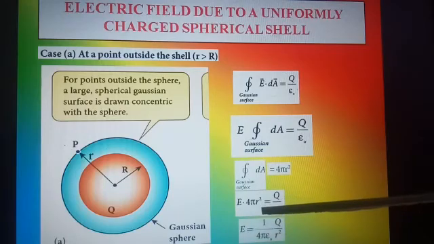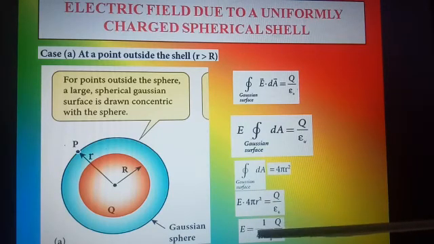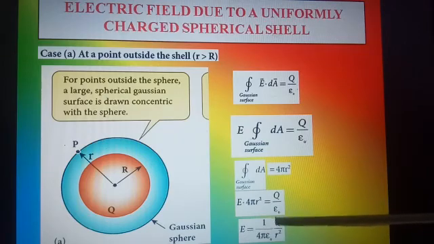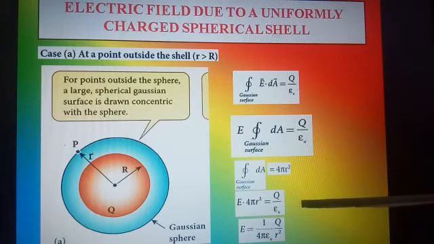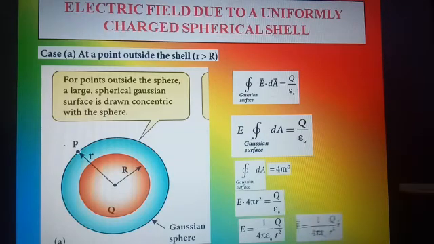So E dot 4 pi r square is equal to Q by epsilon naught. We want the E value, so E is equal to 1 by 4 pi epsilon naught Q by r square, and in vector notation, E vector is equal to 1 by 4 pi epsilon naught Q by r square into r cap.